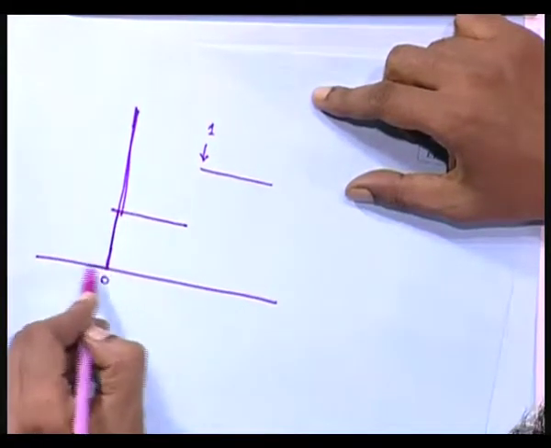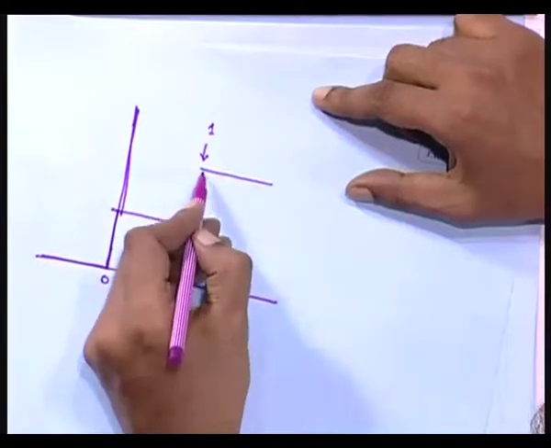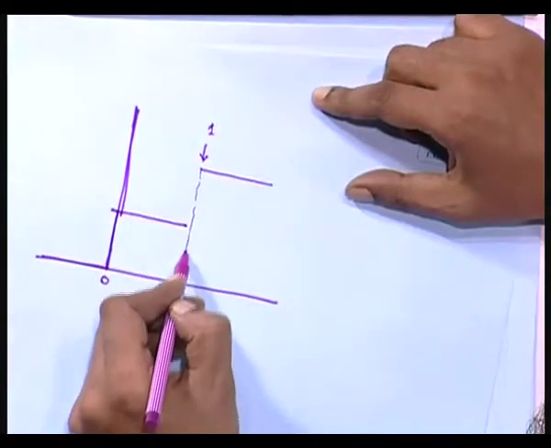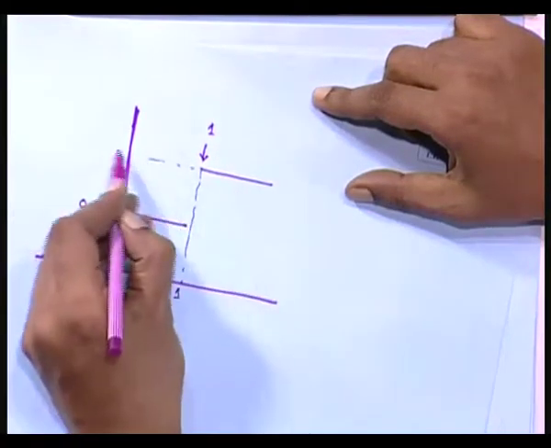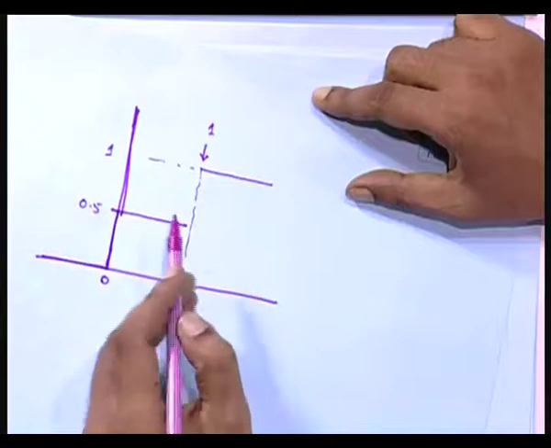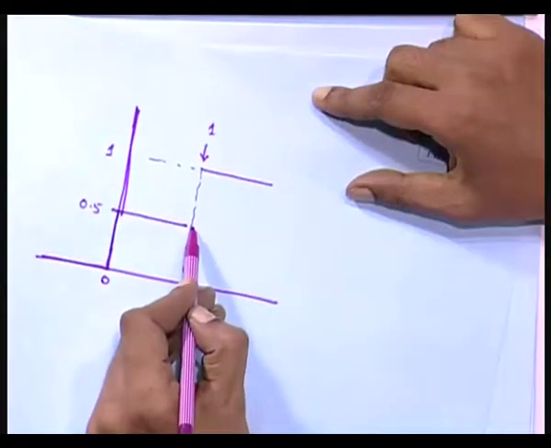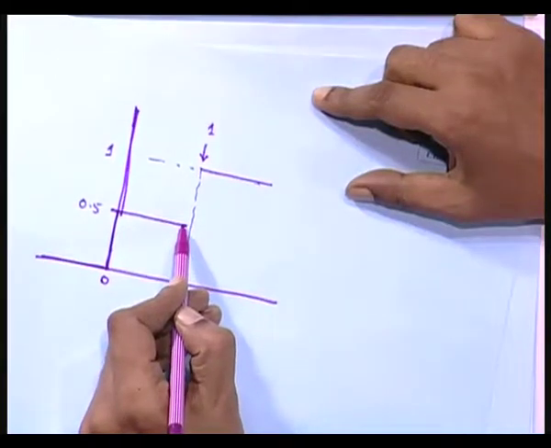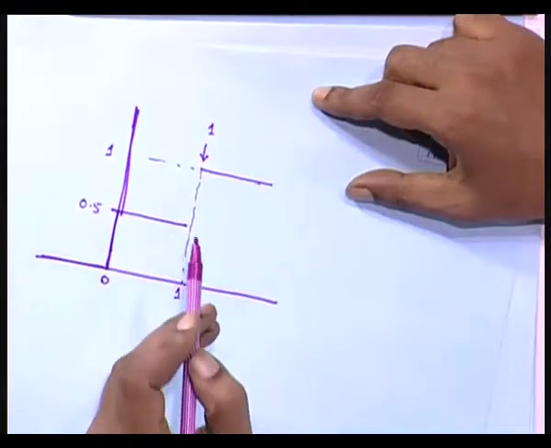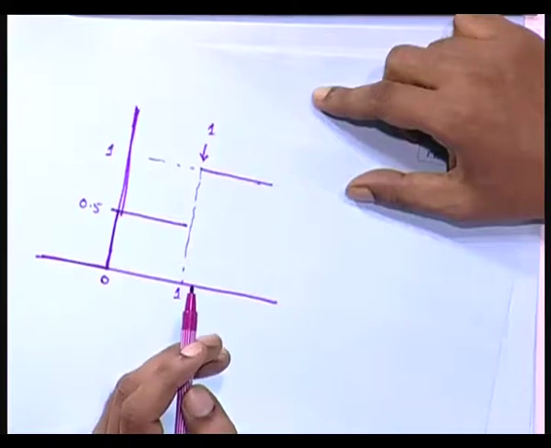So here it is 0, we have drawn, and this is 1, this is 0.5, we have just plotted it, this is 1. So just at 1 it takes a jump. So till this comes to the limit, it can be 0.999999 any number of 9s, and still the probability will be 0.5, and the moment it will reach 1 it will go up to 1.